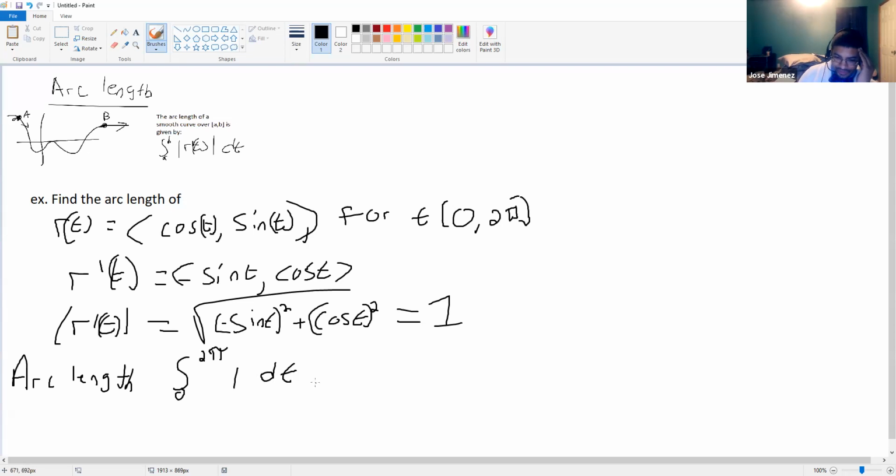You take the antiderivative of 1, what do you get? Well, you get t, going from 0 to 2 pi. And if I evaluate that, that's basically 2 pi minus the 0, which gives us 2 pi.